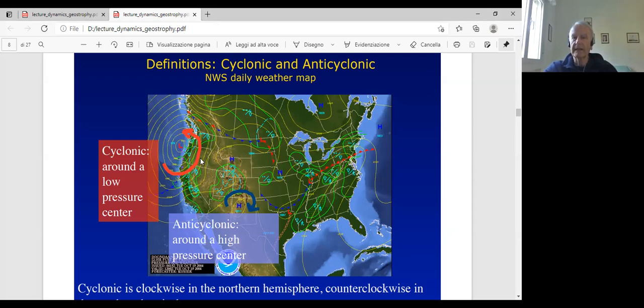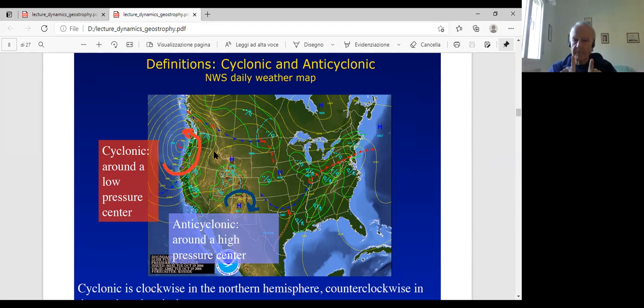and knowing this characteristic of the geostrophic flow, the geostrophic wind, we can immediately know what is the direction, and also, up to a certain extent, what is the magnitude of that wind.